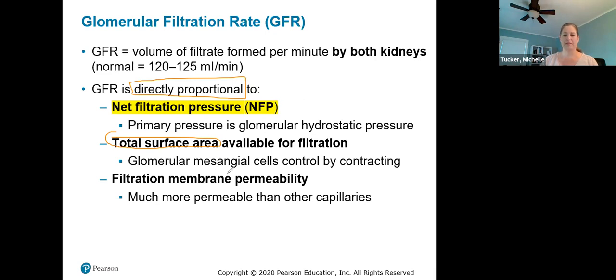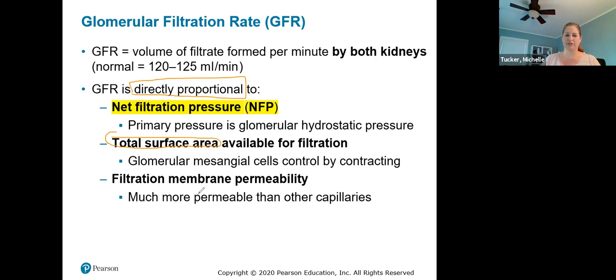Filtration membrane permeability, we can adjust this a small amount by looking at filtration slits. And then when this becomes damaged, this will be an indicator of kidney disease.